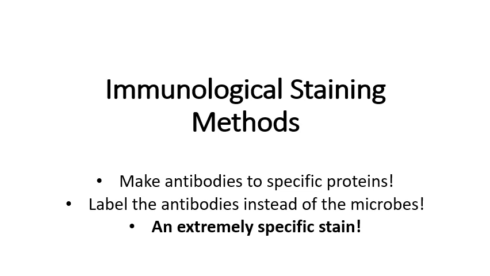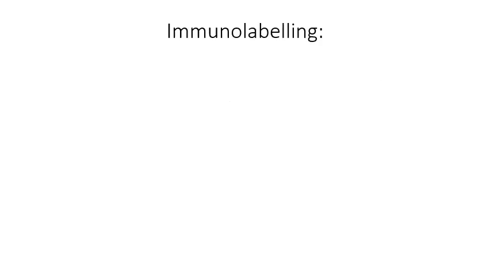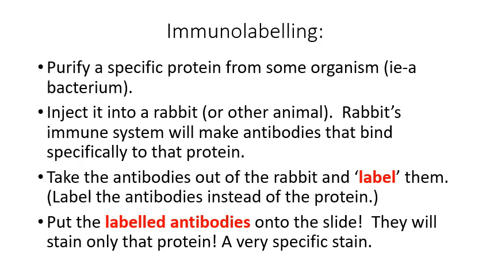Okay, so what if we make antibodies to a specific protein, and then we label the antibodies with either an enzyme or a fluorescent dye? Then that will allow us to visualize just one specific protein in a cell, and we can see where that protein is. That technique is referred to as immunolabeling.